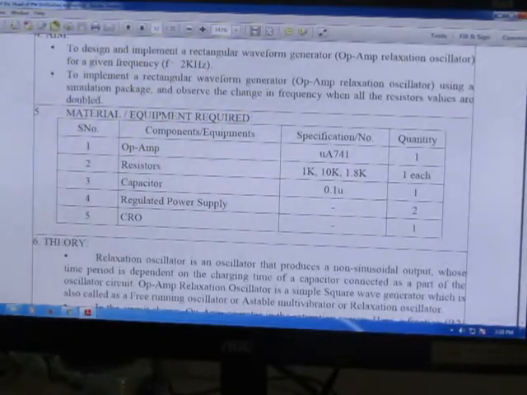One op-amp Micro A741, quantity 1. Resistors of 1 kilo ohm, 10 kilo ohm and 1.8 kilo ohm each. A capacitor of capacitance value 0.1 microfarad. One power supply. Anyhow, we are not using the regulated power supply, we are using the fixed power supply. And finally the CRO will be used to read the output.